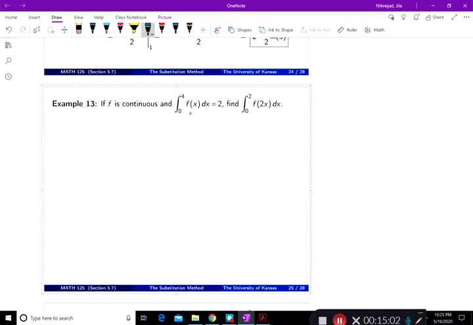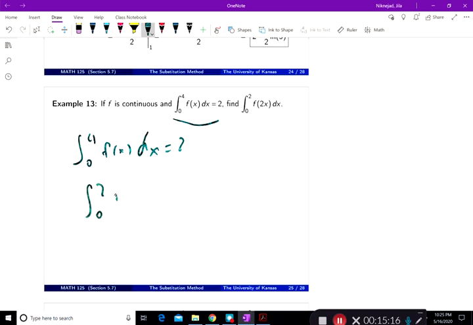And so over here, we're comparing the integral from 0 to 4 of f of x dx, which I know is 2, to the integral from 0 to 2 of f of 2x dx.